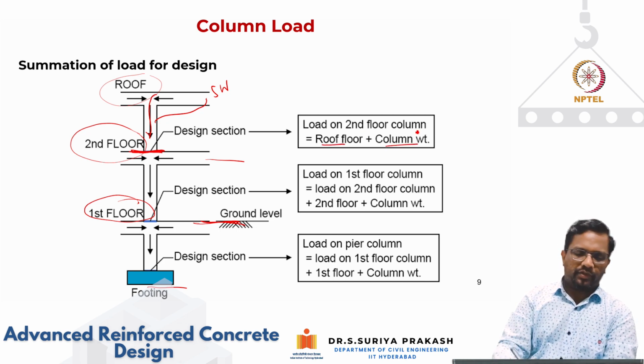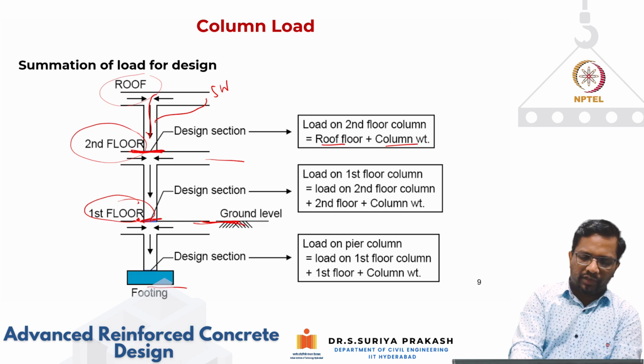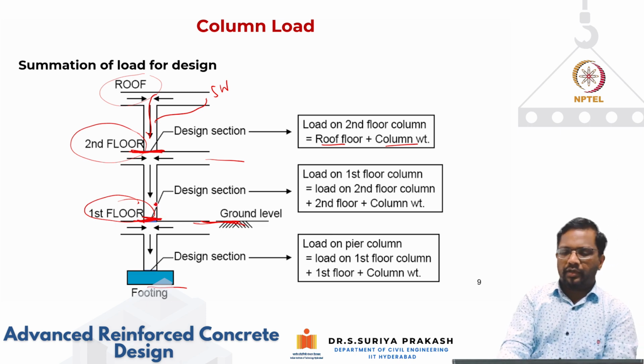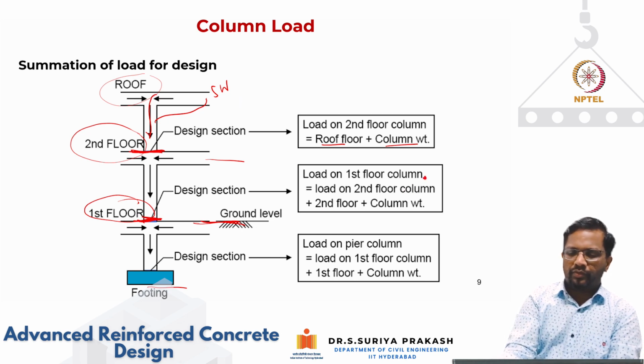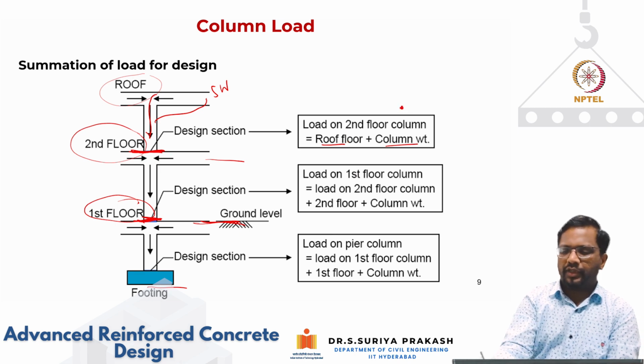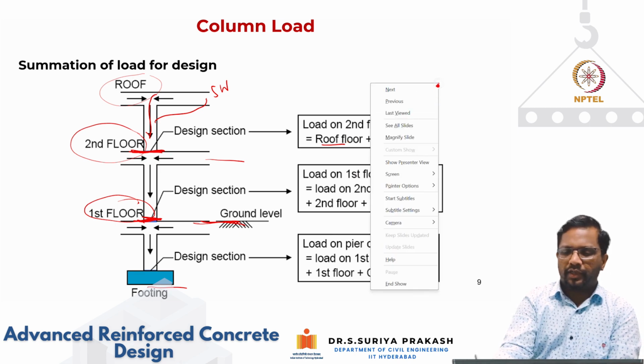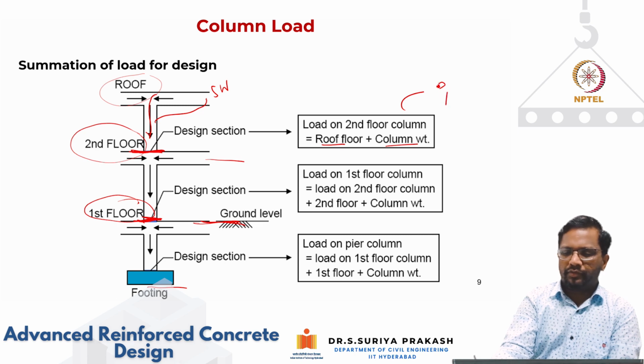So if I take the section here, the total load that is coming is from this roof and then the column weight. Similarly, if I take the section here, you will find that the load on this particular cross section is going to be the load that is coming from the roof. Let's say this is P1.